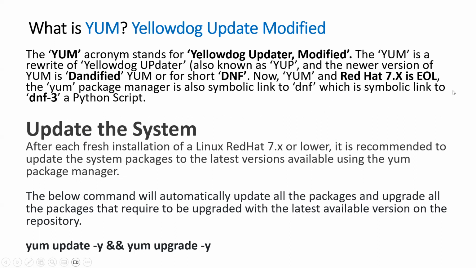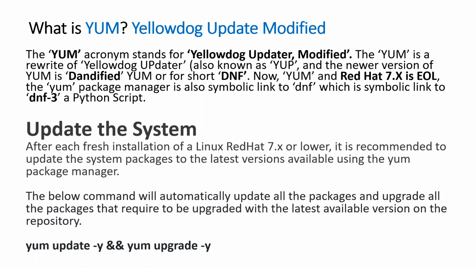And then the versions of Red Hat 6 and 7 and even 5 were using RPM and YUM. RPM is still used on Red Hat 8 and 9 and later, but YUM, as I showed you, has been deprecated, end of life with Red Hat 7.